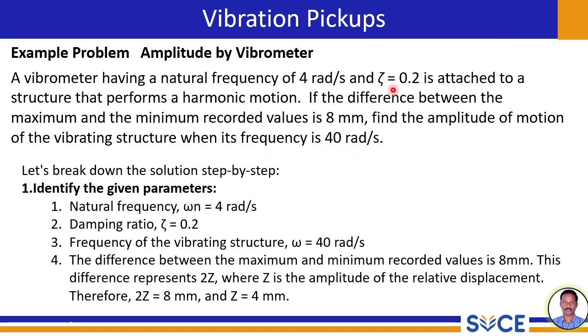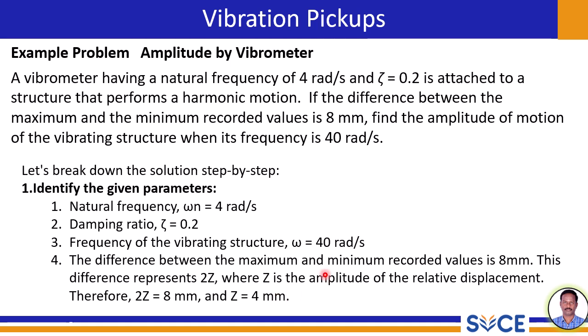Let's break down this solution step by step. We identify the given parameters as natural frequency 4 radians per second, damping ratio 0.2, and frequency of the vibrating structure 40 radians per second. The difference between the maximum and minimum recorded value is given as 8 mm. This represents twice the amplitude Z of the relative displacement.